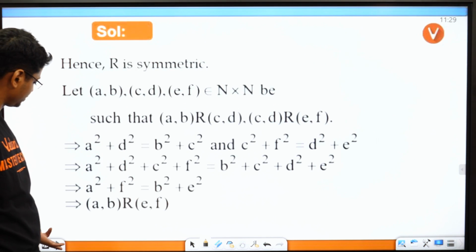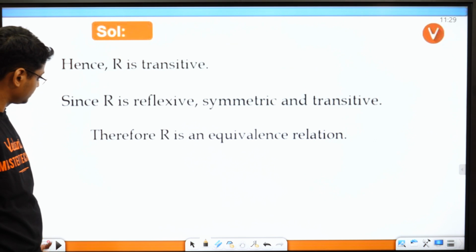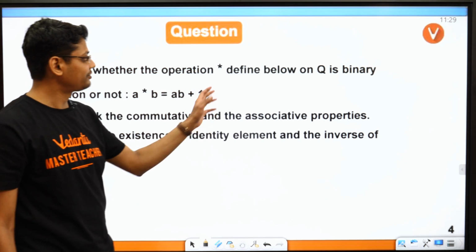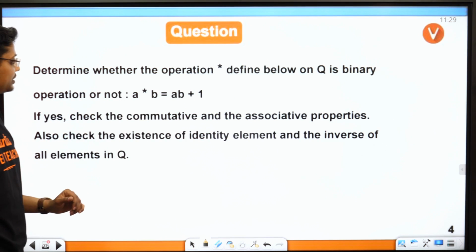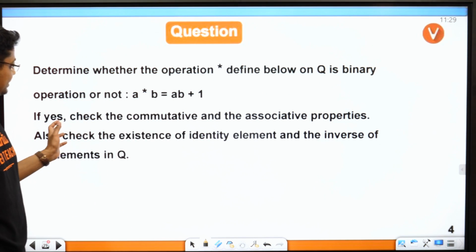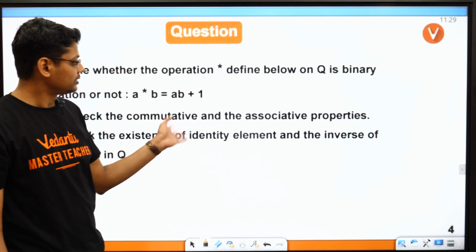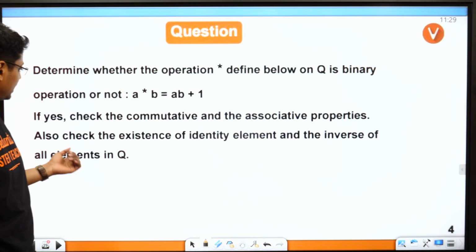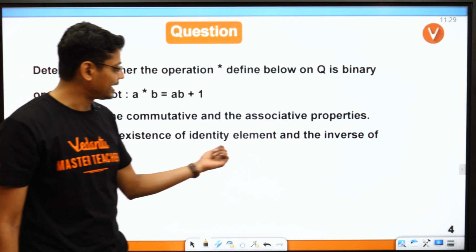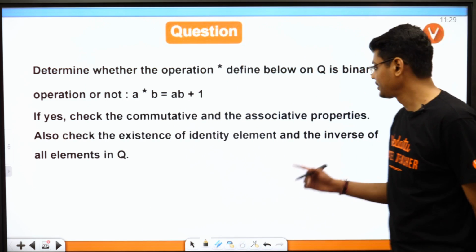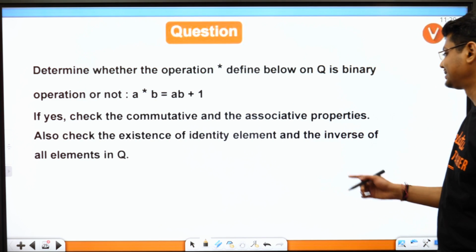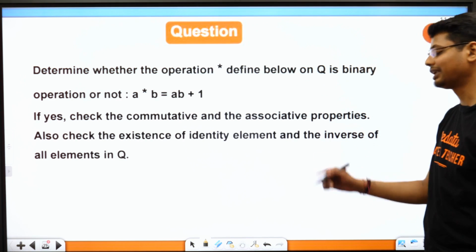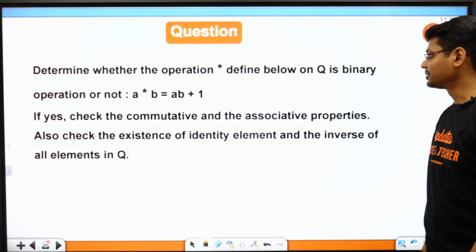Let's move to the next question. Determine whether the operation star defined on rational numbers is a binary operation or not, and check whether it is commutative or associative or both, and also check whether an identity element exists or not, and if it exists, then we have to find the inverse of elements in rational numbers.